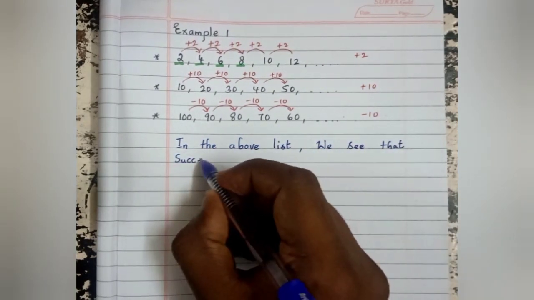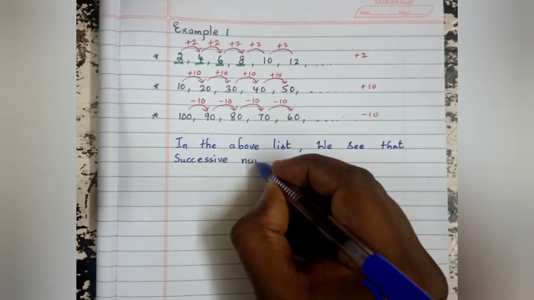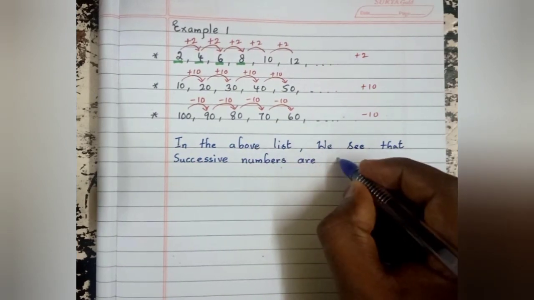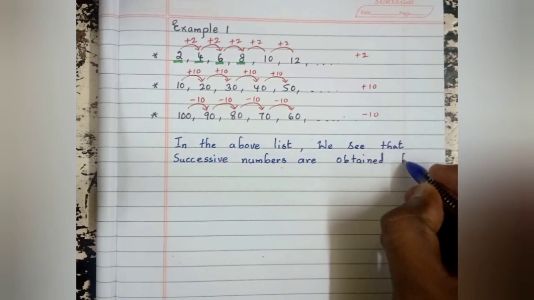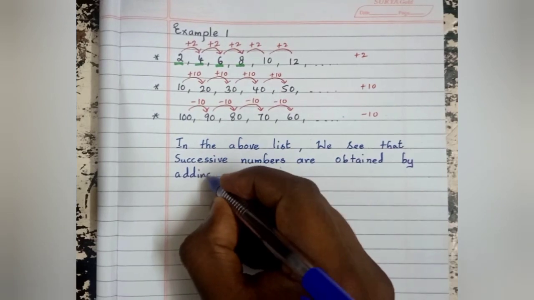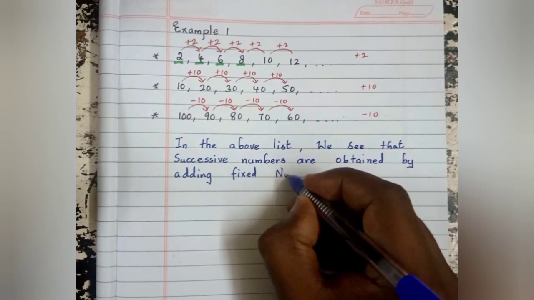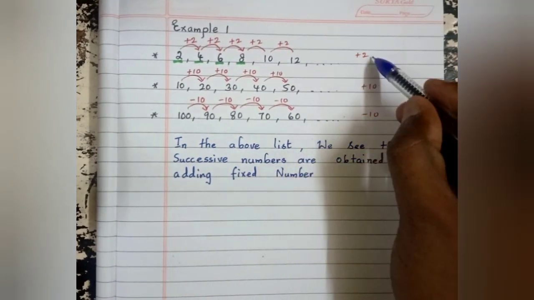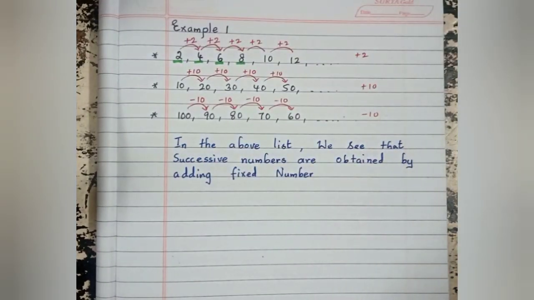So I'll repeat: in the above list of numbers or patterns, we see that the successive numbers are obtained by adding a fixed number to the preceding term. If you observe the above patterns, the fixed number is plus 2 in pattern 1, plus 10 in pattern 2, minus 10 in pattern 3.